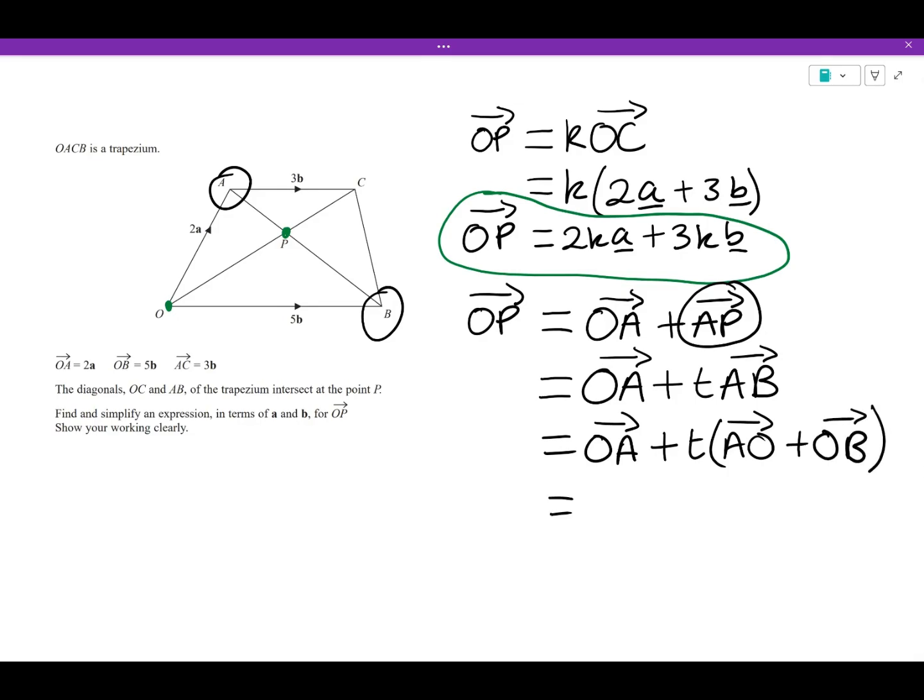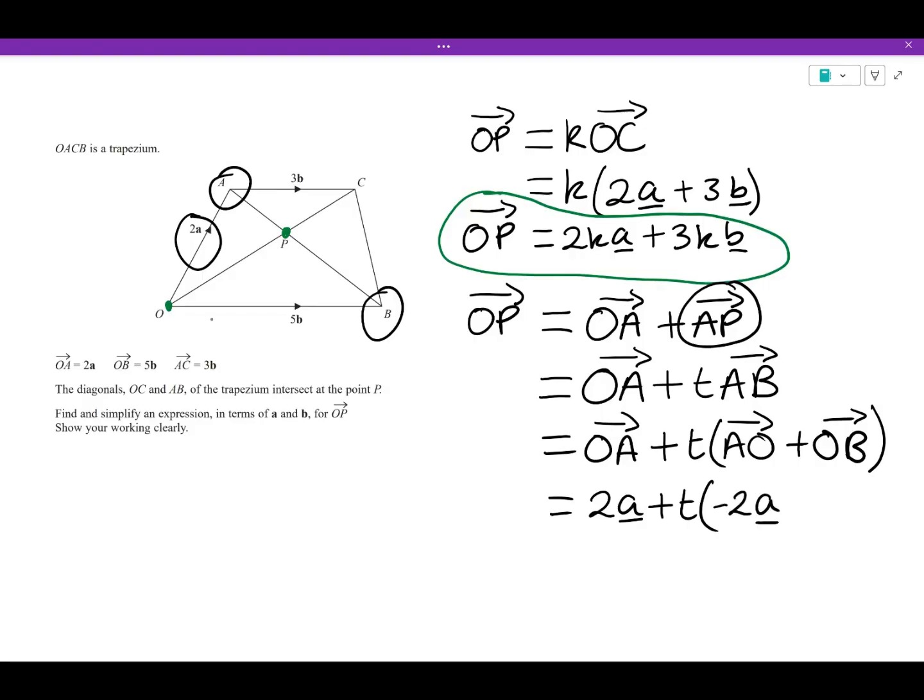Now let's replace all of these vectors for what they're equal to in terms of A and B. So let's start with O to A. Well, O to A is just equal to 2A here. So I'm going to put in 2A. And then we've got plus T, lots of, open my bracket. Well, if I want to get from A down to O, I'm going to have to go against this vector, so it's going to be negative 2A in here.